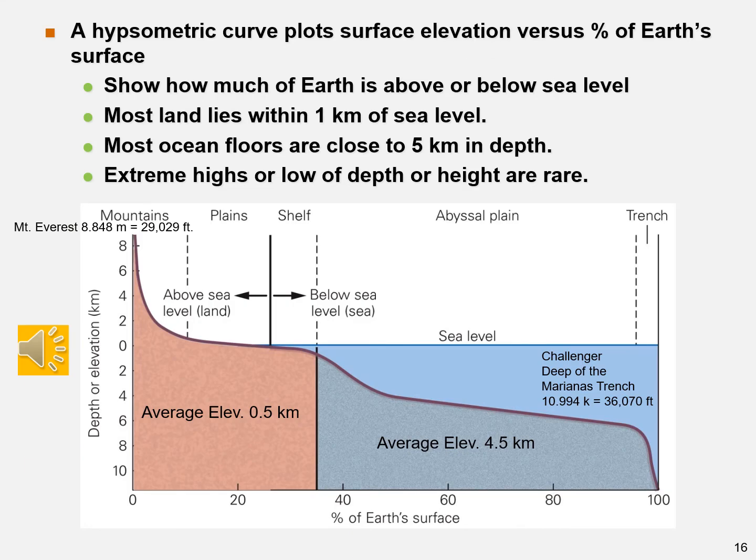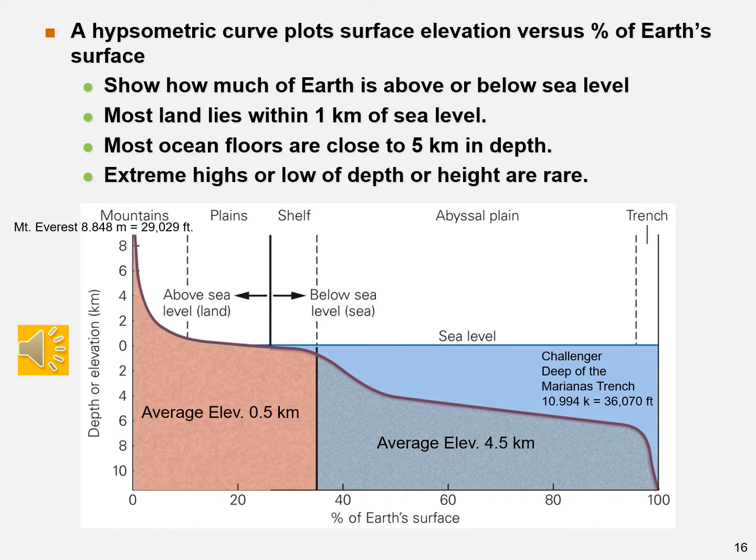A graph called a hypsometric curve plots the surface elevation on the vertical axis and the percentage of the Earth's surface on the horizontal axis. It shows that only a relatively small proportion of the Earth's surface occurs at very high elevations, that is, mountainous elevations, or at great depths along deep sea trenches.